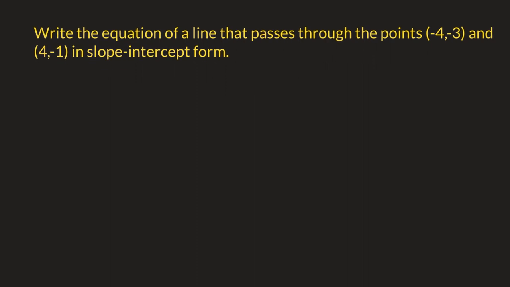All right, write the equation of a line that passes through the points -4, -3, and 4, -1 in slope-intercept form. So a few more negative numbers here, so let's be careful when we calculate this slope. So -4, -3, and 4, -1. Which way do you want to subtract here? Do you want to go right to left or left to right?